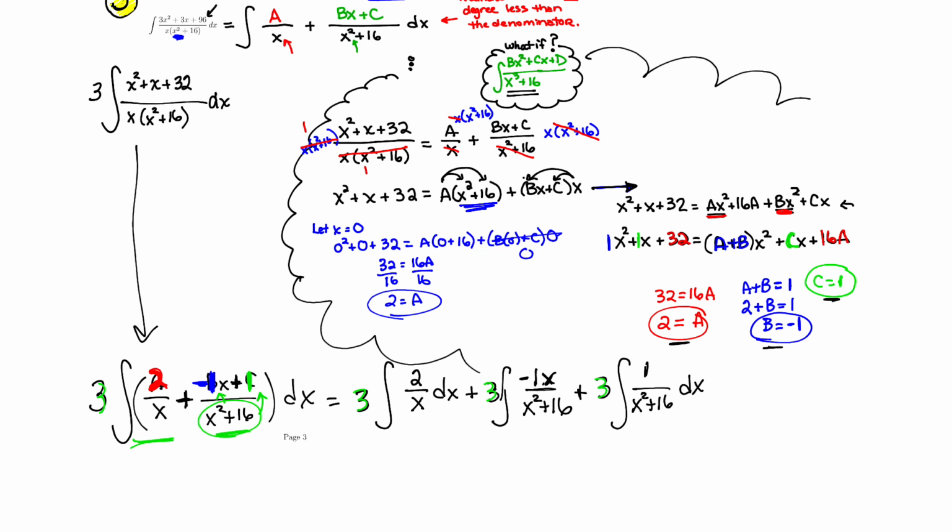The second one, what are you going to do to integrate that? U sub, because if you let u be x squared, du is an x, right? The second one is a u sub.